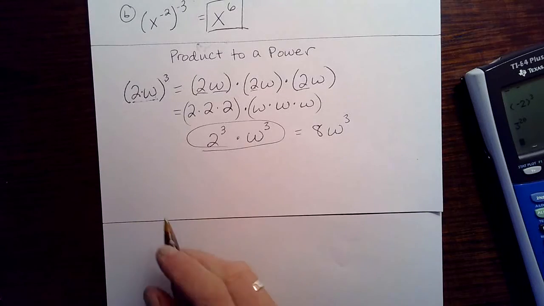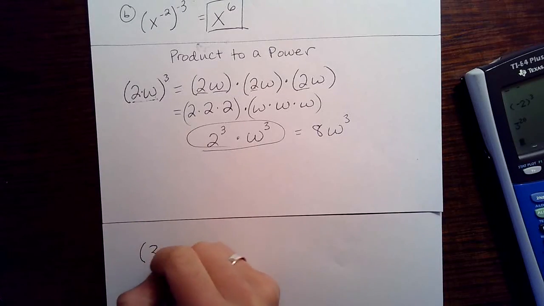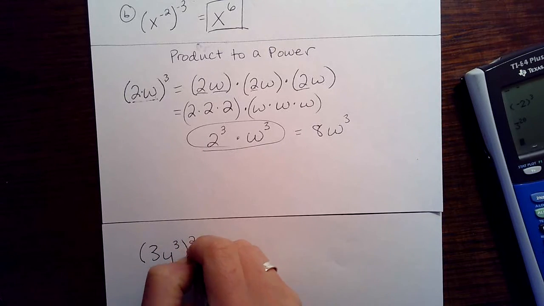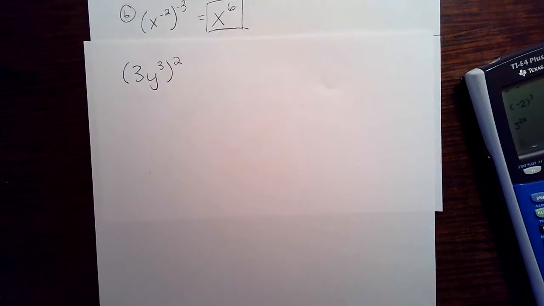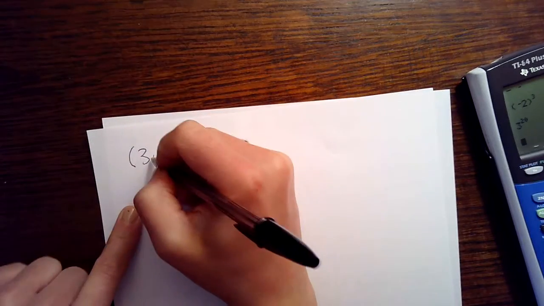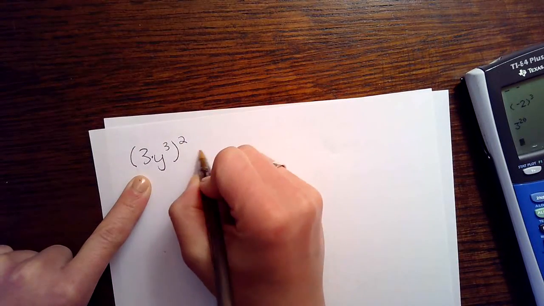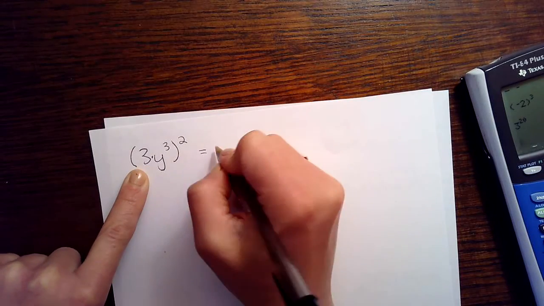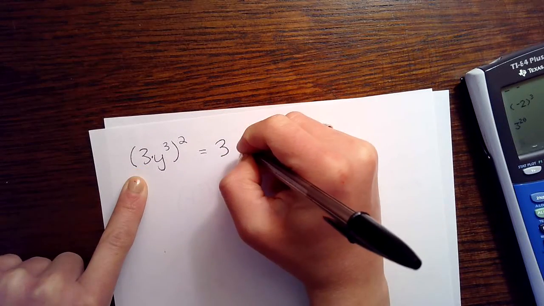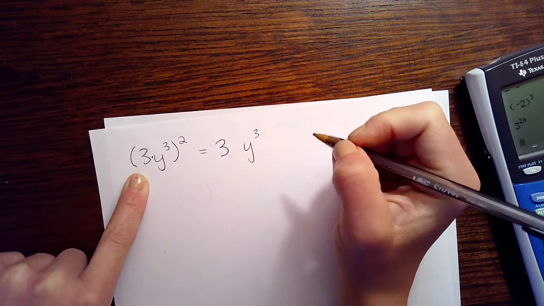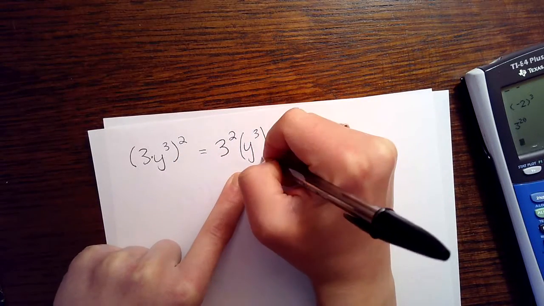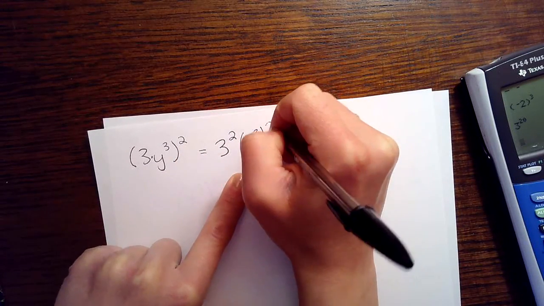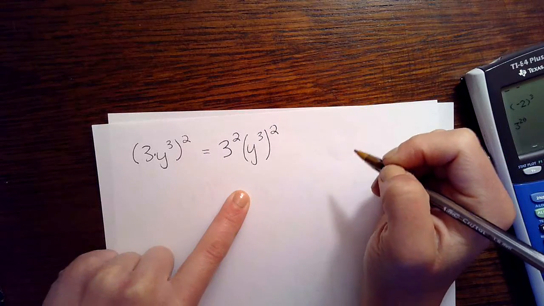Our next example then is 3y to the third to the second. Our product to a power rule says that I take each factor, 3 and y to the third, to the second power. So 3 to the second power and y to the third to the second power.